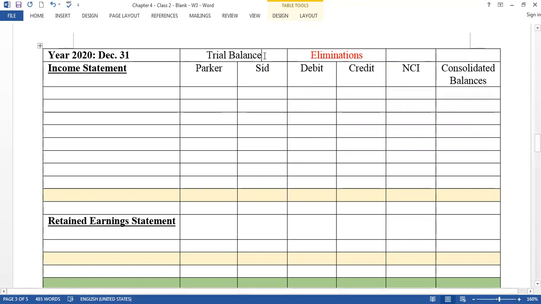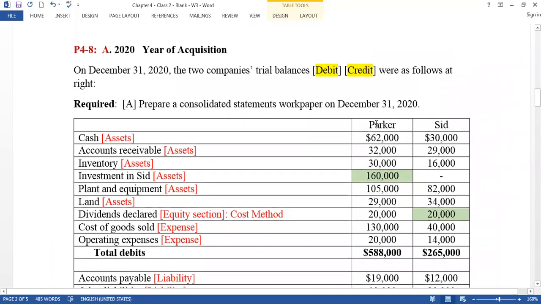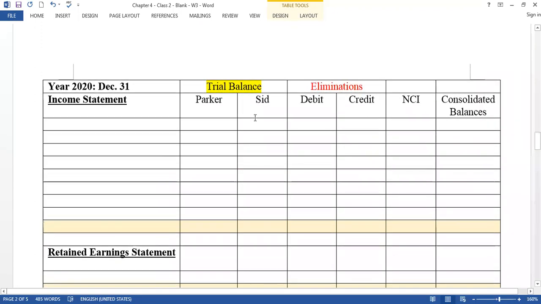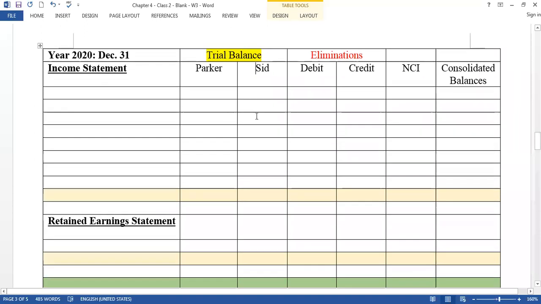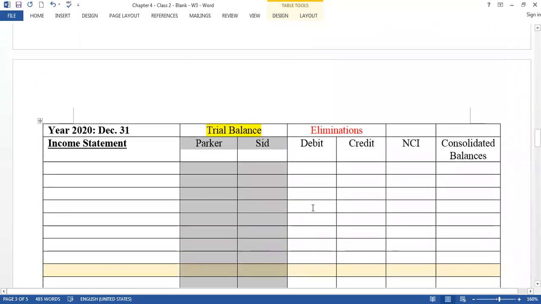So we already have the trial balance in the question, right? You can see that this is the trial balance. In the trial balance, we have P and S, and we have different accounts here. So based on this trial balance, we have to complete the first two columns.